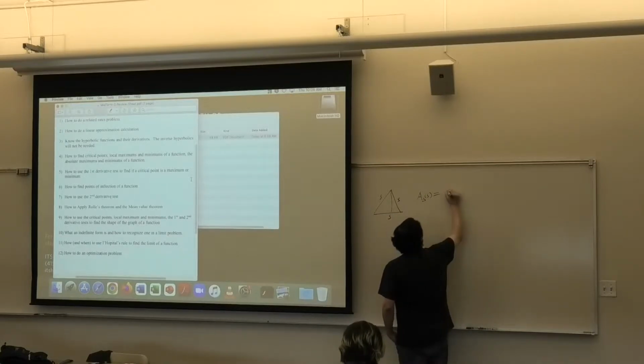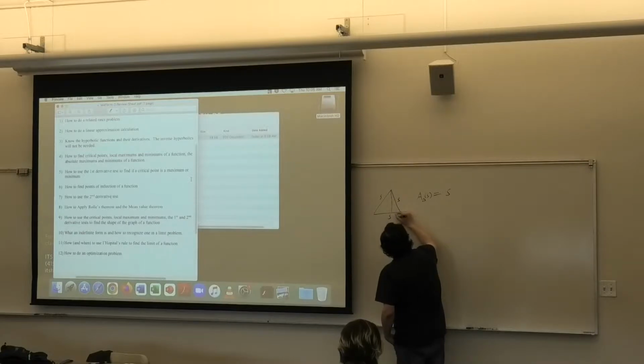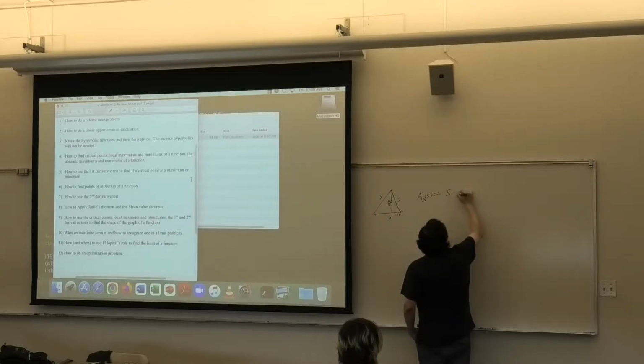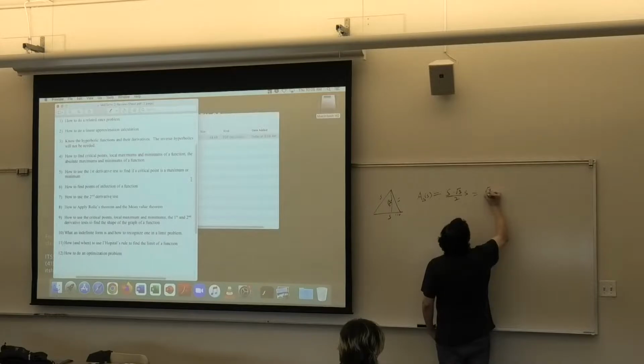It's the base times the height. What's the height? Square root of 3 over 2 s, but half of that because it's a triangle. So it's square root of 3 over 4 s squared.